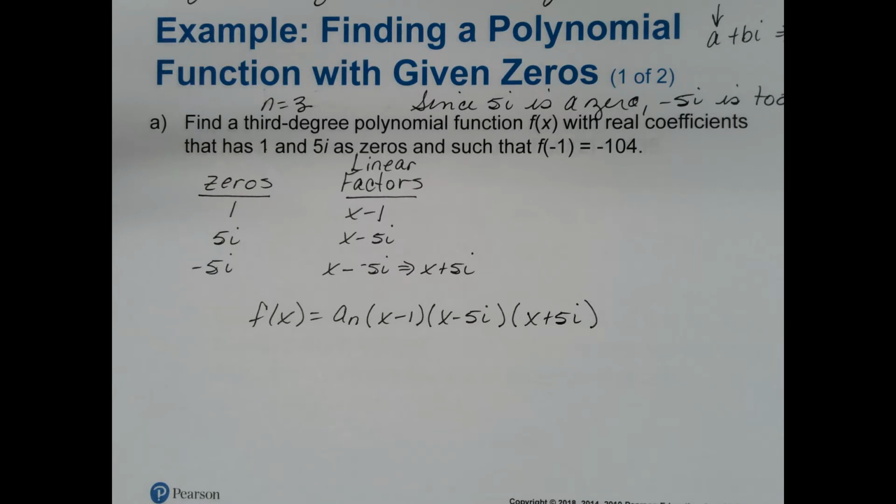If I know a 0, then I know the factor. If I have an imaginary 0, its conjugate is also a 0. Any questions on how we got where we are so far?